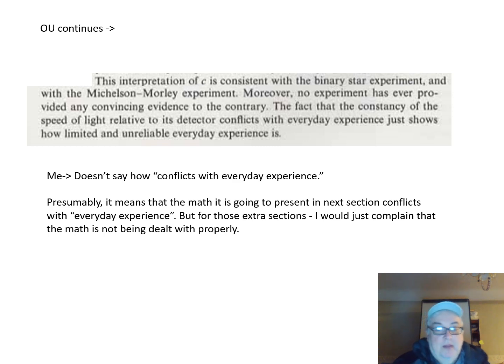My comment on that is, it doesn't say how it conflicts with everyday experience. Presumably what Open University means is that the mathematics presented in the next section conflicts with everyday experience. But for those extra sections, I would just complain that the mathematics is not being dealt with properly.